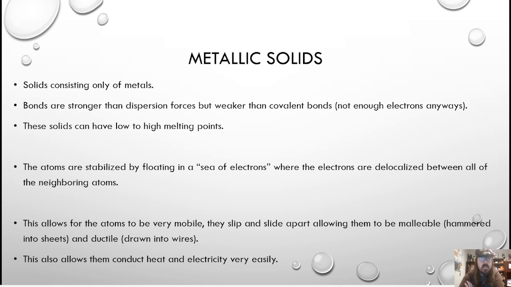Now, because these electrons are not localized in orbitals, it means the atoms are not really stuck in bonds. And this means these atoms are very mobile, that these atoms can slip and slide and shear apart. And that's what gives them the property to be hammered into sheets. They're malleable.